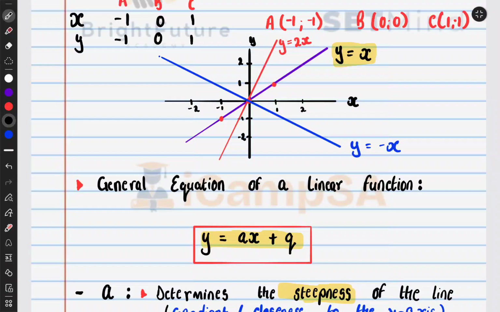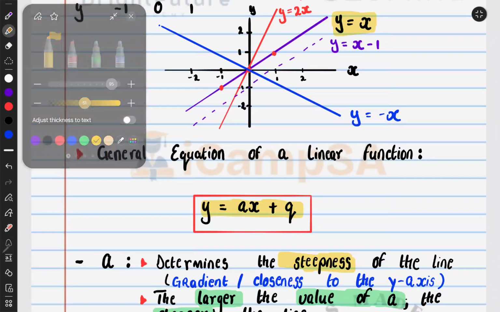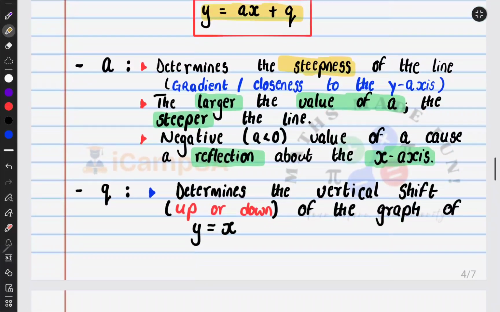What you will see happening is that the mother function will now be shifted 1 unit down, and the new equation for this function will be y is equal to x minus 1, because it has been shifted 1 unit down. That is what the value of q does to the function. It determines the vertical shift up or down of the graph of y is equal to x.